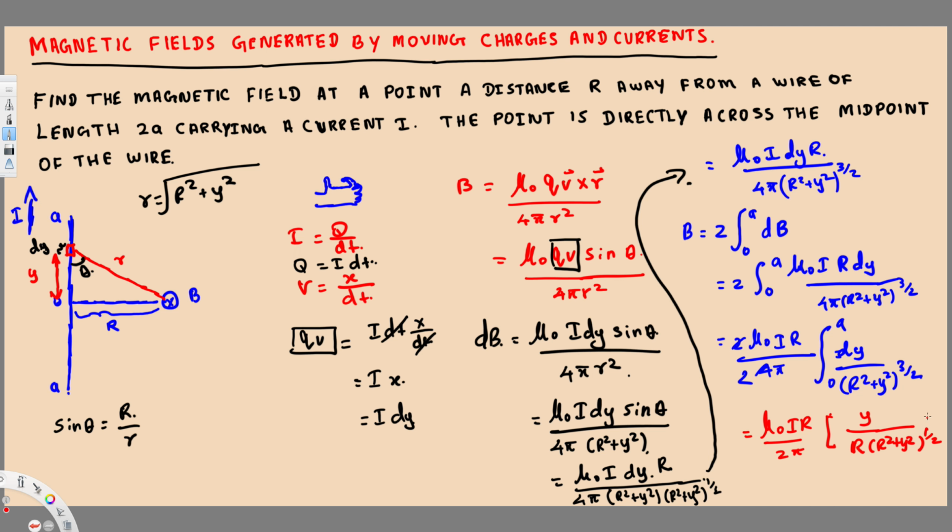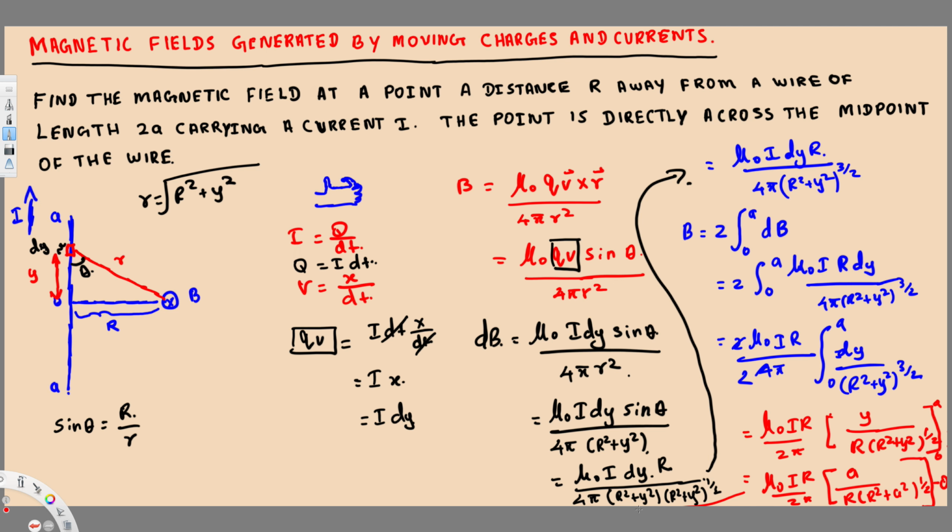So this is what we get when we do the integration, and it's going from 0 to a, right? Let's plug in the a first. So this is going to be mu naught I r over 2 pi times a over r times r square plus a square power half. And then if we plug in 0, that's just going to be 0, so we can just subtract 0. That's not going to change anything.